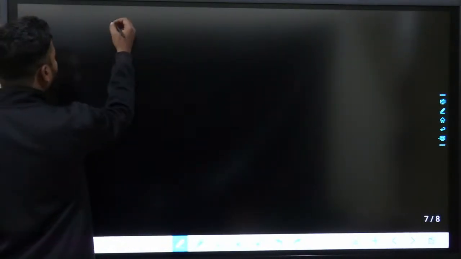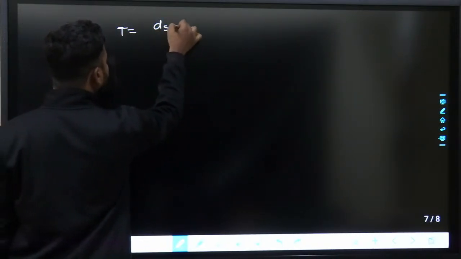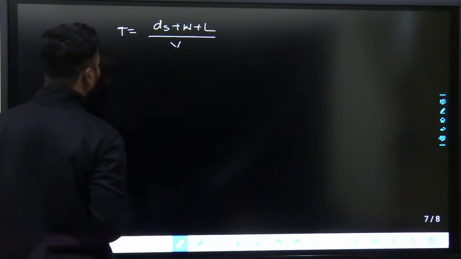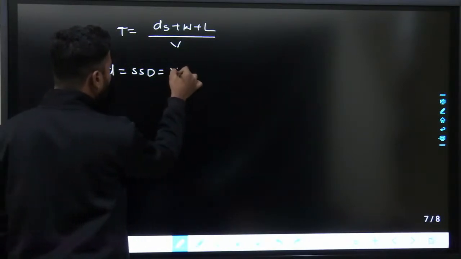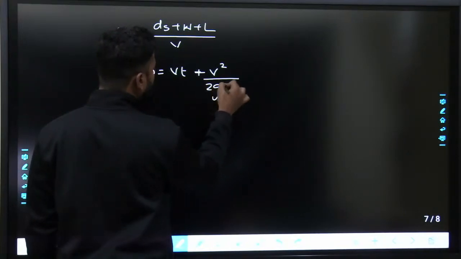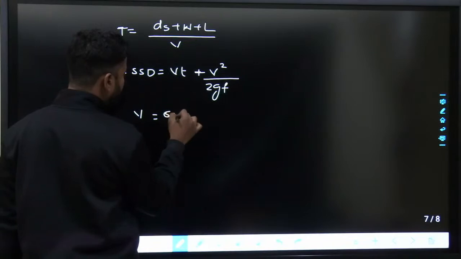So amber time, how exactly will we calculate? If you remember, it is ds plus w plus L upon speed v. ds is equal to SSD. SSD, how will you calculate? Vt plus v square upon 2gf. V is given as 50 kilometers per hour.